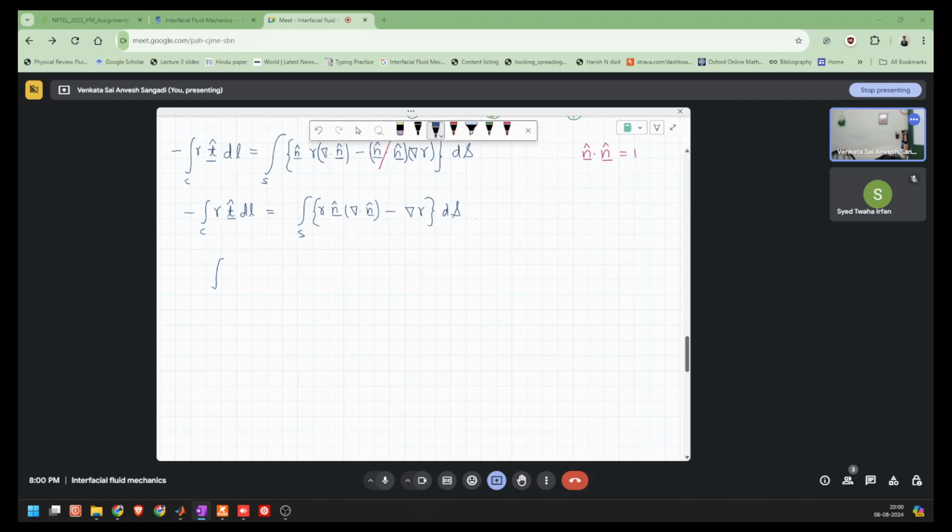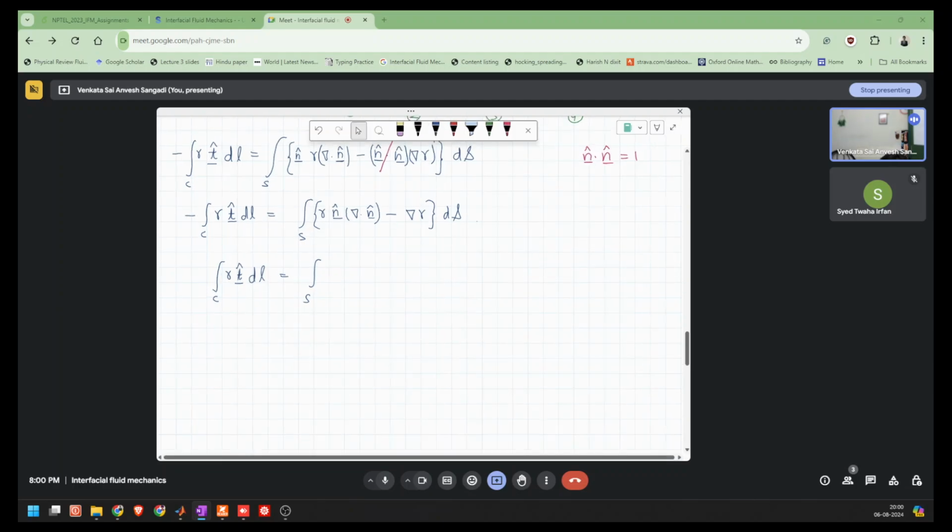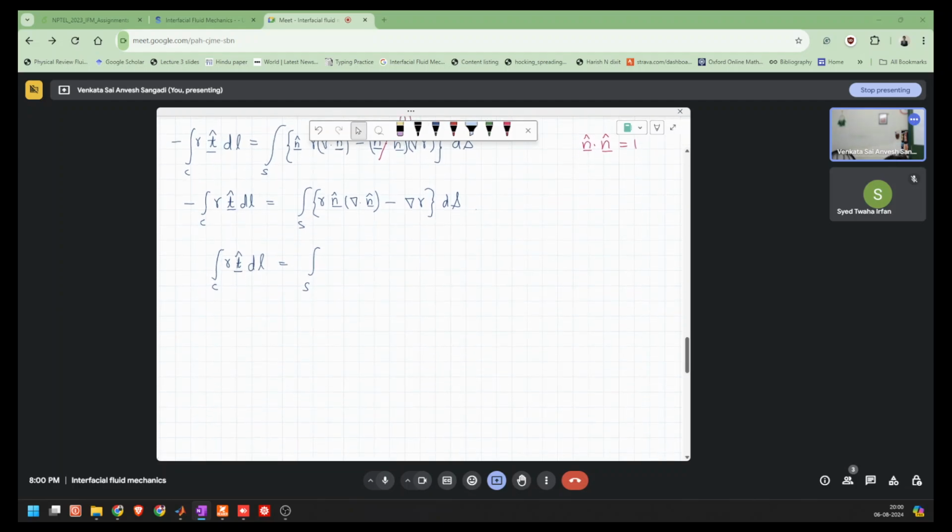So the contour integral of gamma times the tangent vector is equal to the surface integral of the gradient of surface tension gamma minus gamma times n cap del dot n.